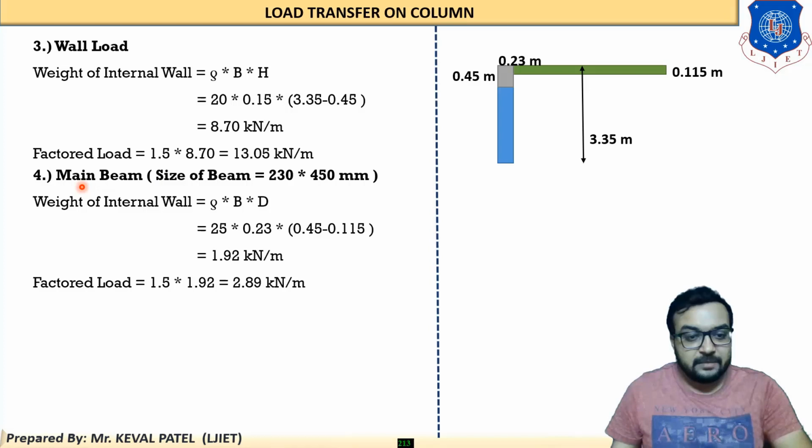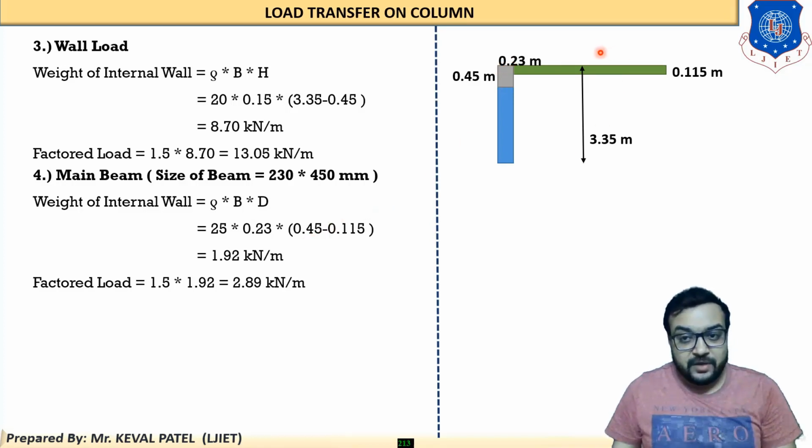Next one is the main beam. Students, what is the size of the main beam? The size of the main beam is 230 cross 450 mm. So the weight of the main beam is rho into B into D. You can see that this is our main beam, so concrete is placed over here, and the density is 25. B means width, which is 230.